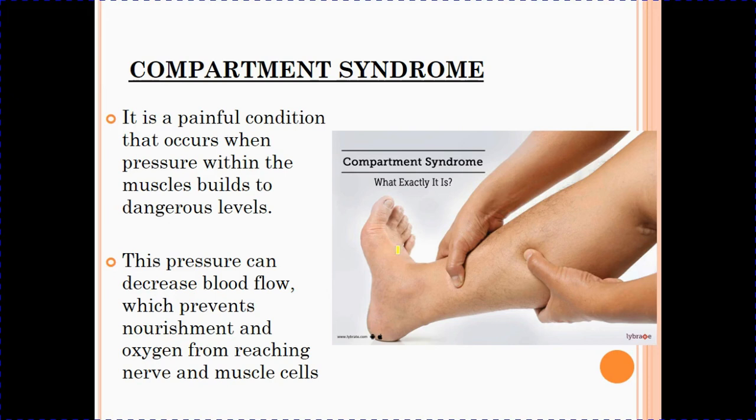Compartment syndrome. It is a painful condition that occurs when the pressure within the muscles builds to a dangerous level. Now we know that the leg is surrounded by a layer of connective tissue which is called deep fascia. Because of the presence of the deep fascia, if there is any accumulation of blood or fluid, it leads to increase in the pressure, and the increase in the pressure can lead to compression of the vessels, compression of the arteries, and can lead to ischemia of the muscles.